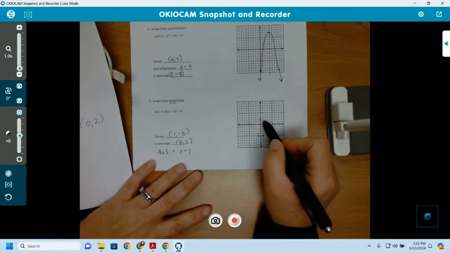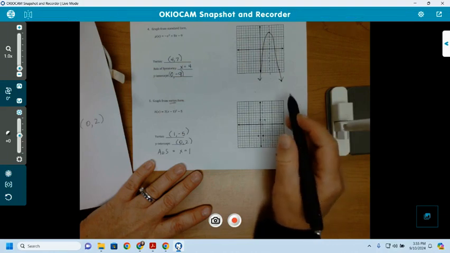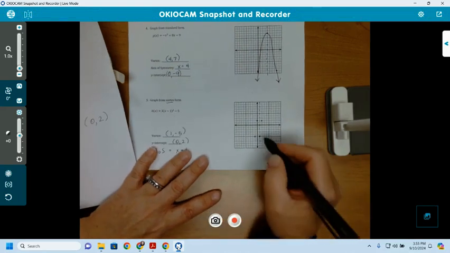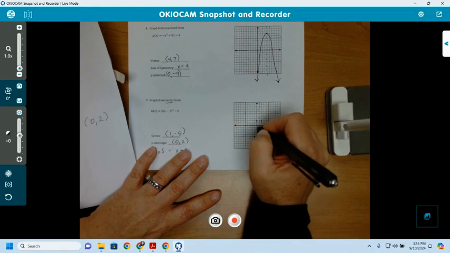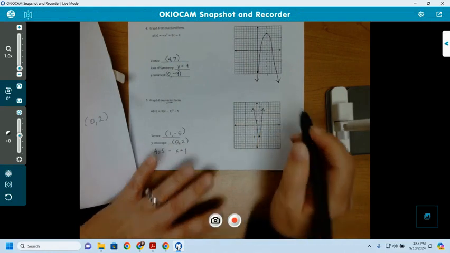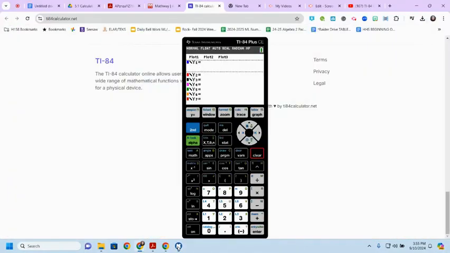And on the axis of symmetry, we mirror the y-intercept on the other side. This is a positive a, so we're going to go up. There we go. Let me know if you have any questions.